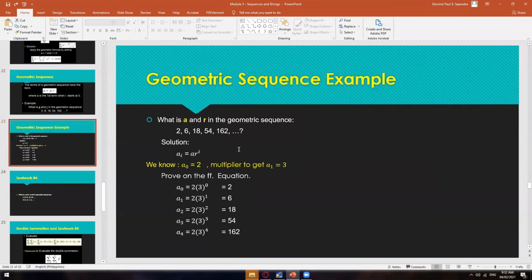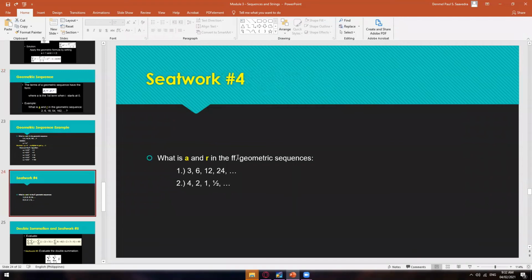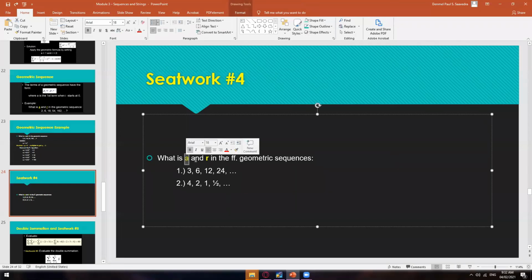All right, so as usual, once you're done understanding this formula for the geometric sequence, you can now proceed and start answering seat work number 4. Same with our example, what is the value of A? This is like a bonus already, since you know the value of A from number 1 and number 2. But what is R for this given sequence? This will only take you maybe more or less 5 minutes.